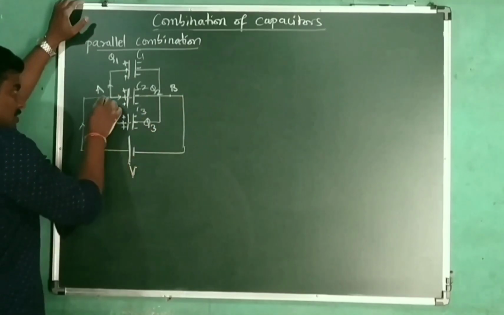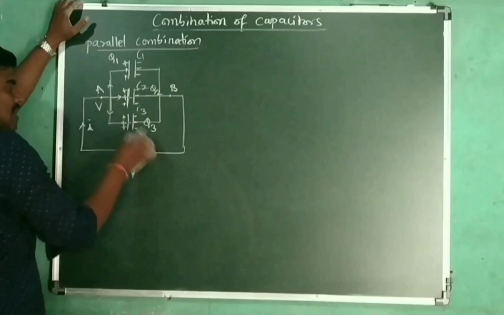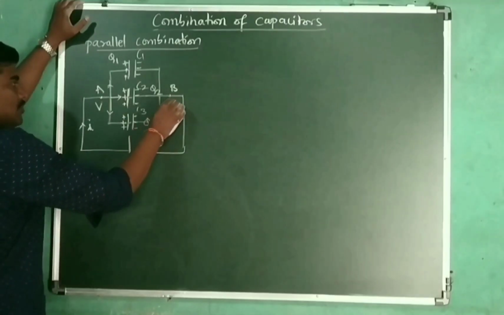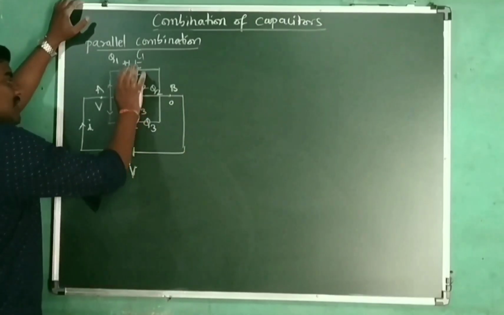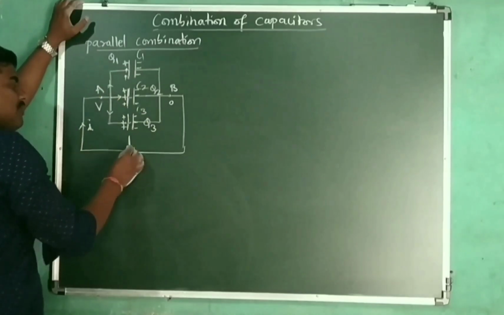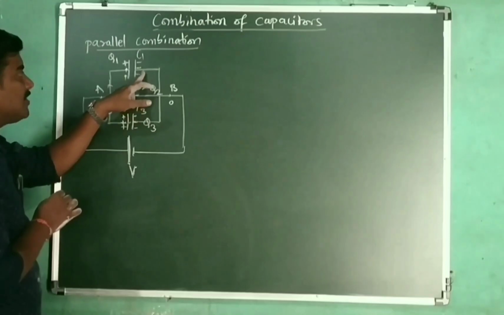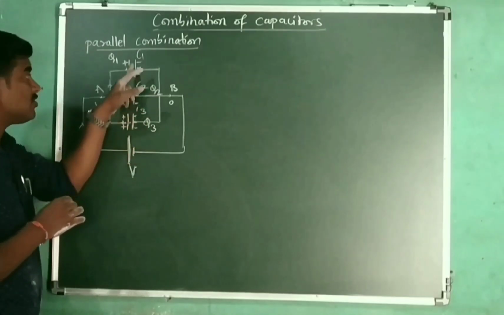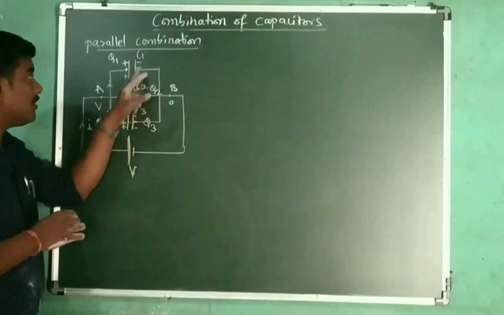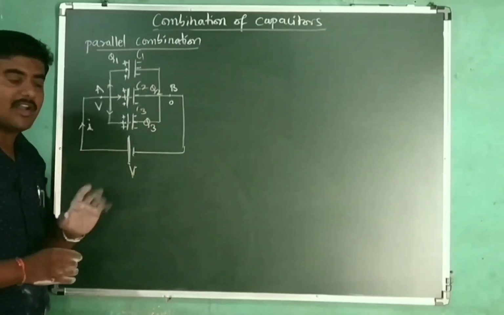If this is V potential, then certainly this is V potential, and if it is 0, then this is 0. These three capacitors are having a potential difference of how much? It is V. The potential difference of the capacitors is going to be the same, but the quantity of charge is going to be different.